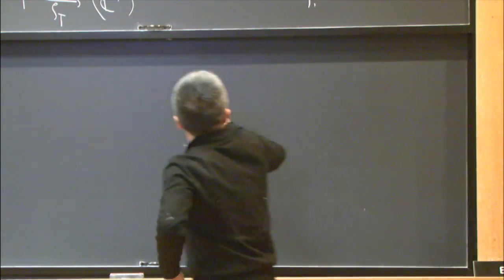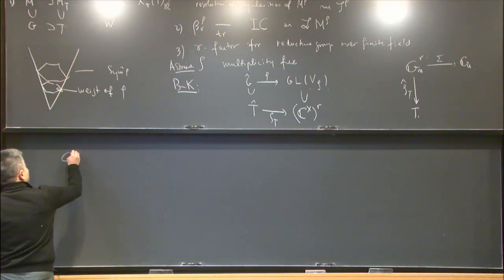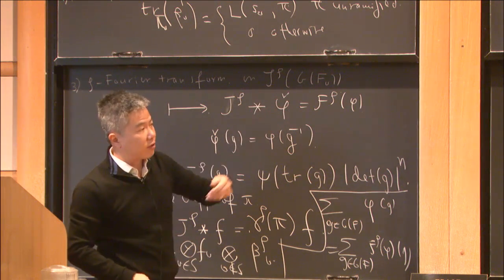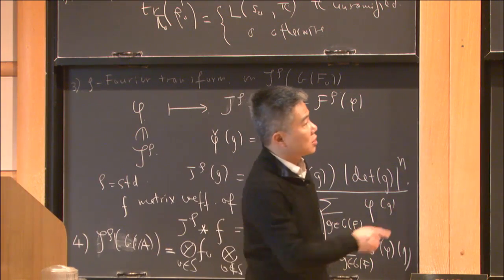Now I'm working with an analytic sheaf over the reductive group over a finite field. So I'm going to construct this function J as some sheaf, some Artin-Schreier sheaf, over a group over a finite field. So that's the way that I'm going to proceed.